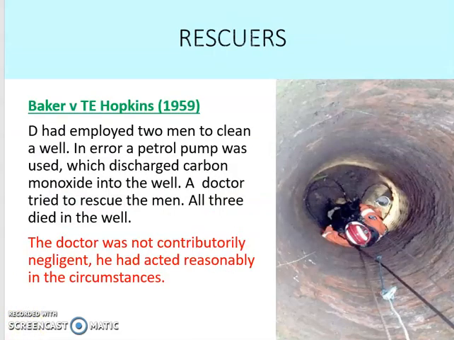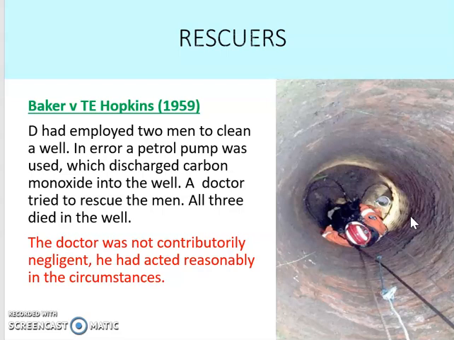If we look at the situation with rescuers, in Baker, the defendant had employed two men to clean a well, and in error, they'd taken a petrol pump into the well, and that discharged carbon monoxide, obviously, into a small space. And the men were in trouble, and a doctor tried to rescue them, and sadly, the two men and the doctor died in the well.